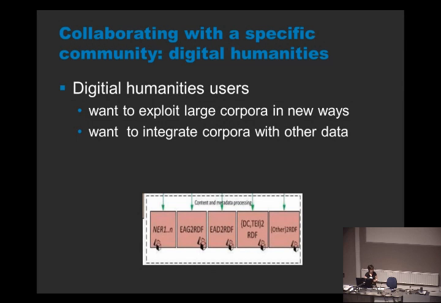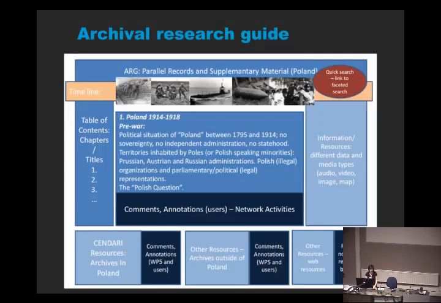So the collection descriptions were transformed into RDF data and published as linked data to be further reused by the researcher with other data. And to facilitate this reuse of the data, Sendai is building an environment which is called the archive research guide.